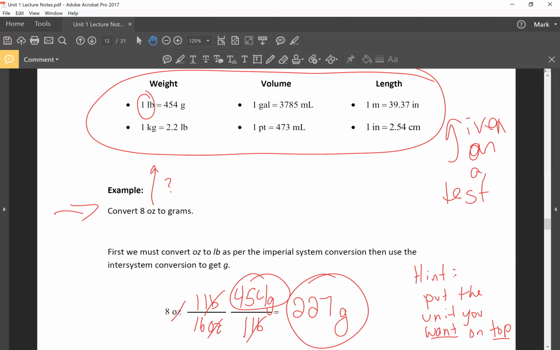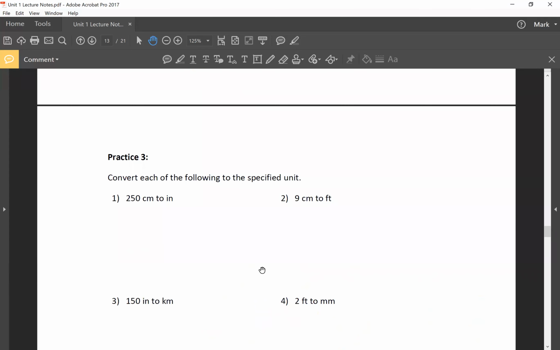This is something we talked about in chemistry, required over given, or want over have. Make sure when you're doing these conversions, the unit you're looking for is on top. First I look for pounds, then I look for grams. So first pounds are on top, then grams are on top. All right.